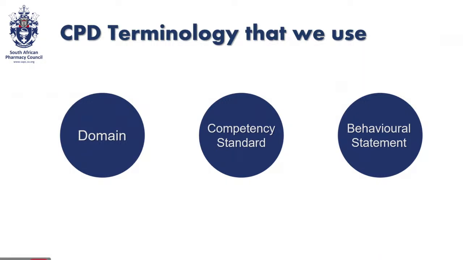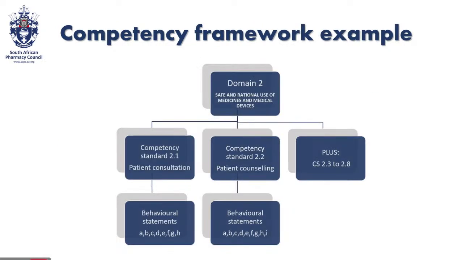I will show you where to find those. The behavioral statements are the things that you need to show us that you are able to do. If you look at the competency framework, you can see we selected domain 2, the safe and rational use of medicine and medical devices.